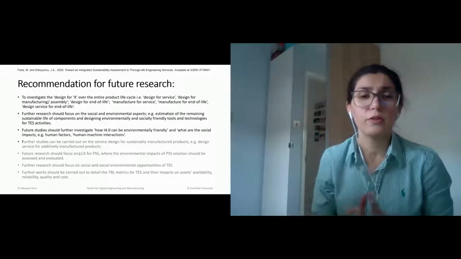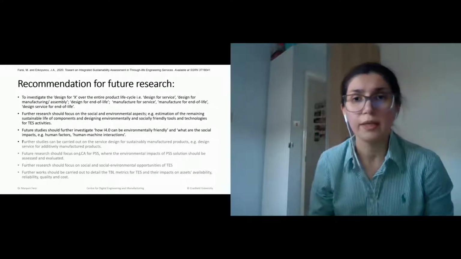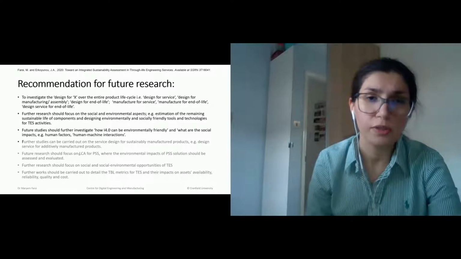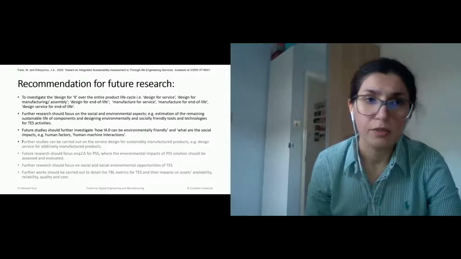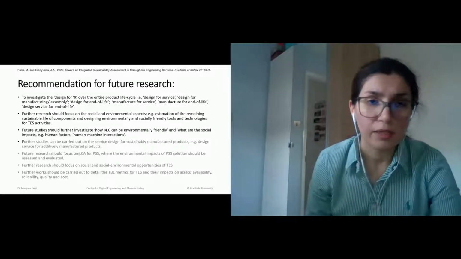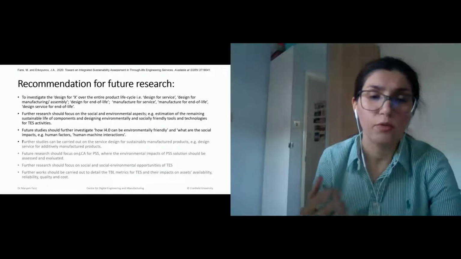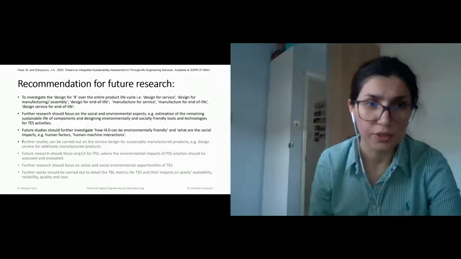And also when we are looking at Industry 4.0, again, we can look at how we can address the social impacts and environmentally friendly technologies. For example, looking at the human factors and also human-machine interactions.